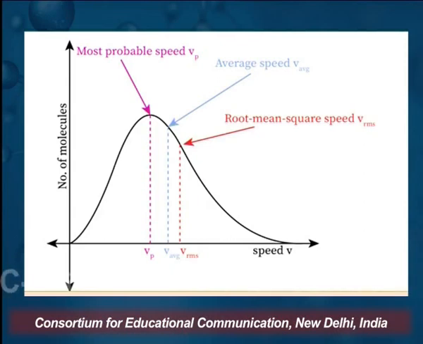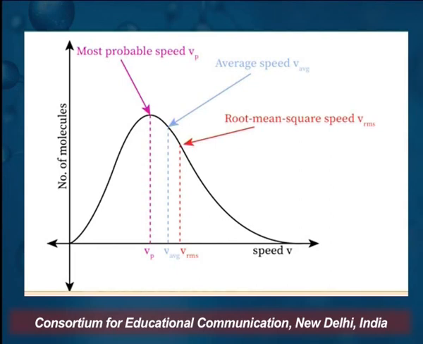The number of molecules is given by Maxwell's law of distribution of speed. How it is varying is shown by this parabolic curve. As you can see, with speed, the number of molecules is increasing. It reaches a maximum and then shows a decrease with further increase in speed.